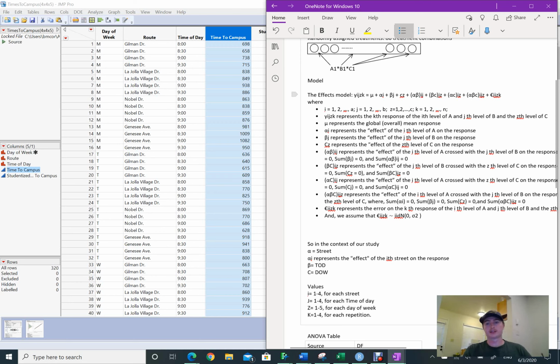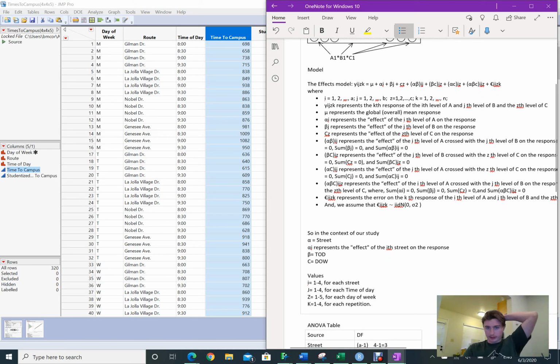And then lastly is the interaction term for the effect of all 3 of these variables crossed together. And then we have our error term, which is the error for the ith street, the jth time of day, the zth day of week, and the kth repetition. And again, we just assume that these errors are normal.